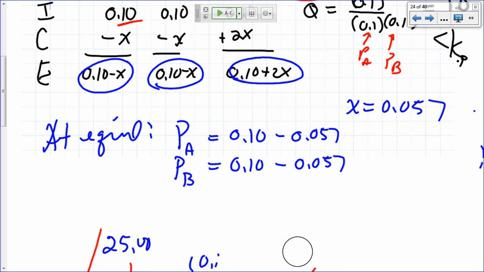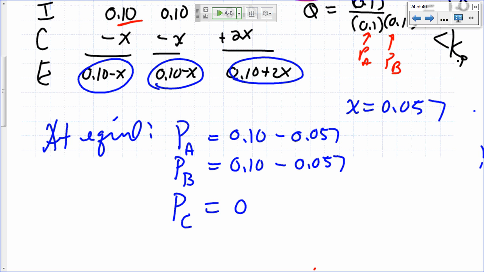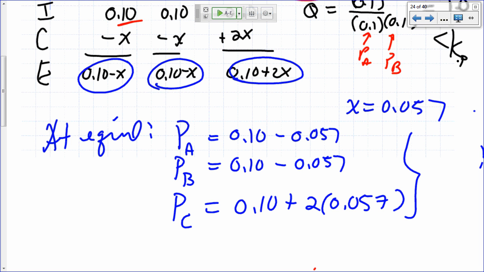And partial pressure of C is going to be 0.10 plus 2 times 0.057. And you can always check if your answer is correct by plugging these numbers back into your expression for Q. And if you did that, you should find that Q will be equal to KEQ. Okay? You may be off a little bit on the last sig fig because of rounding errors. Okay, so that's how you do it.